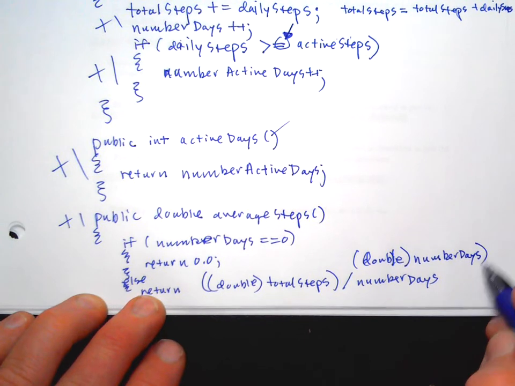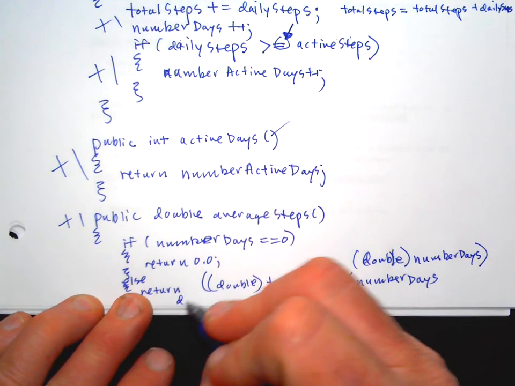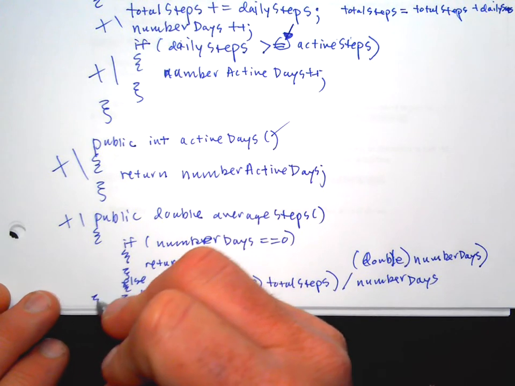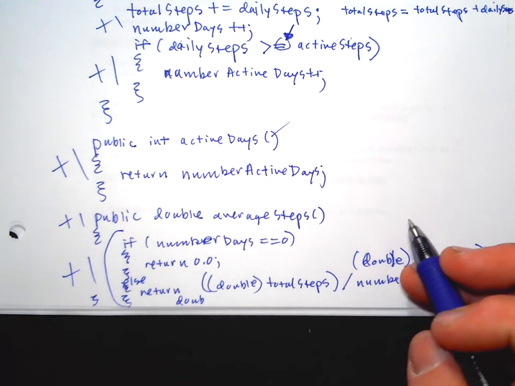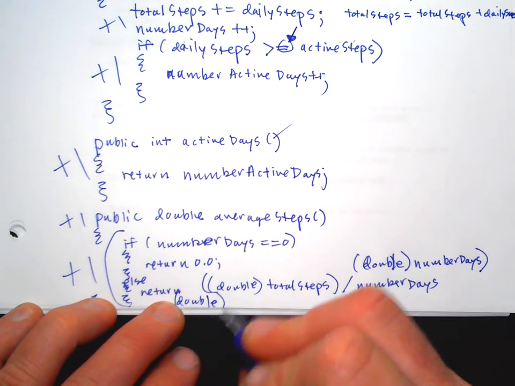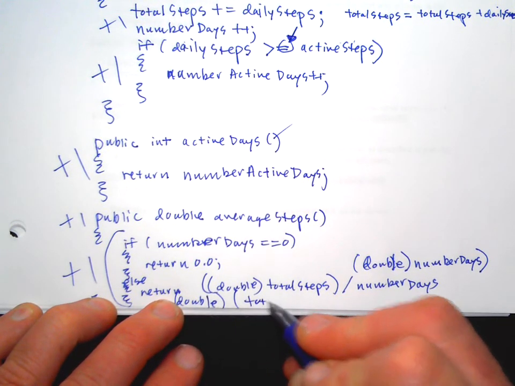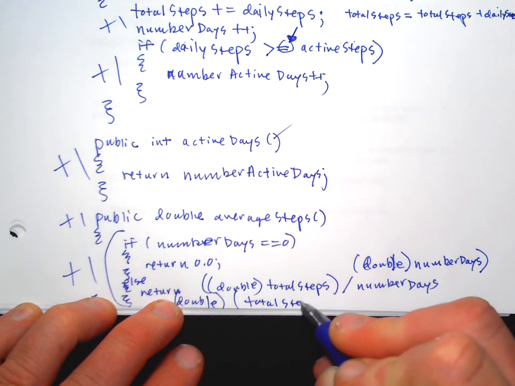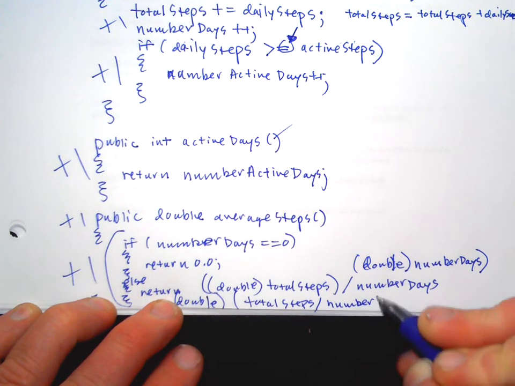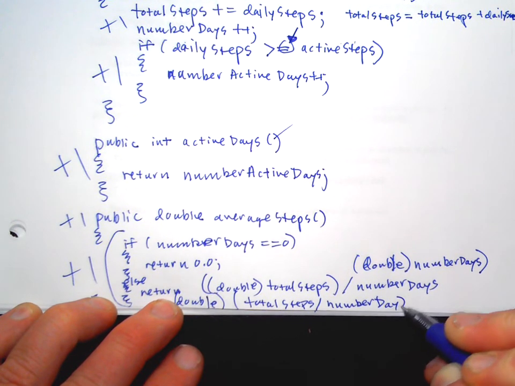Okay. What some people did is they did this. They said, and now, by the way, okay, so we got to return it. So you got 1 point for all that. You got to return it. You got to make sure you don't divide by 0. Now, this is what some people did. They did total steps in parentheses divided by number of days, which actually messed it up. If you didn't put the parentheses, I think you might be okay.